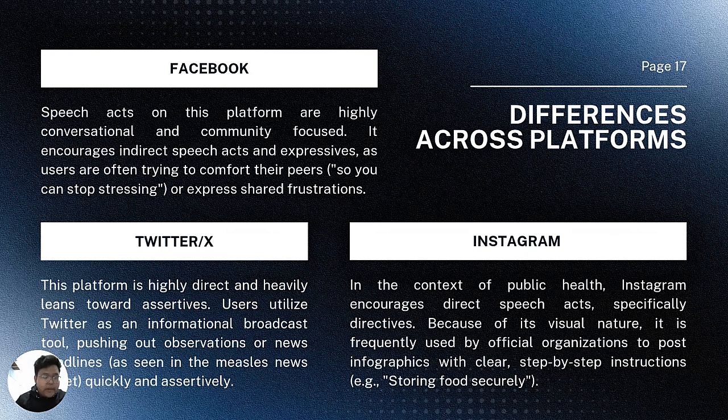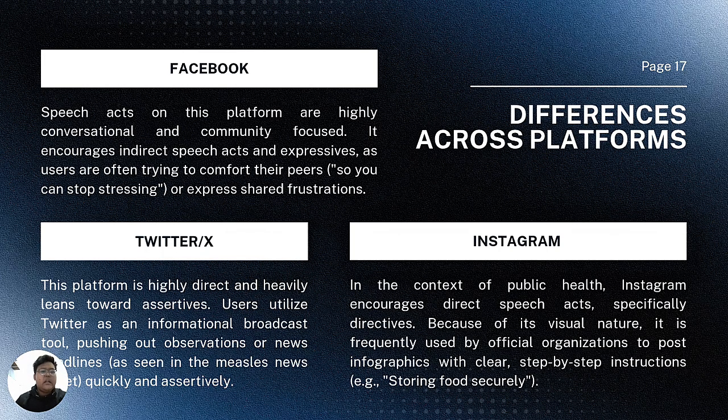There are so many groups in Facebook, and each group usually has certain members, who are usually their friend list or members of the group within the other members of the group. That's why the speech acts in this community are more conversational and community focused.